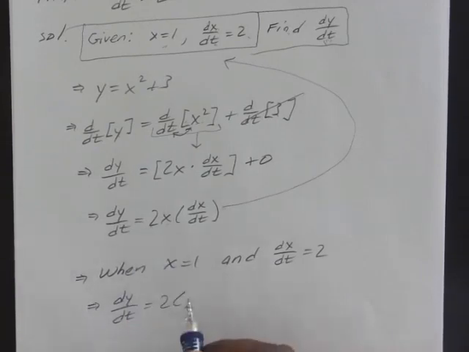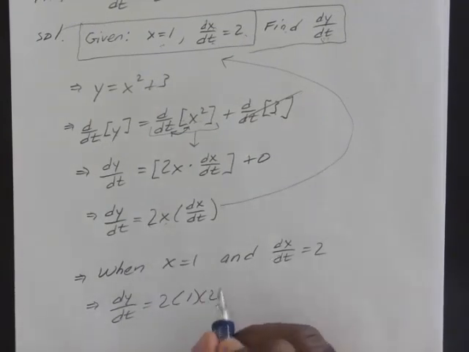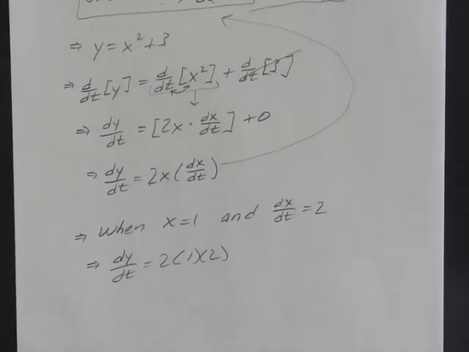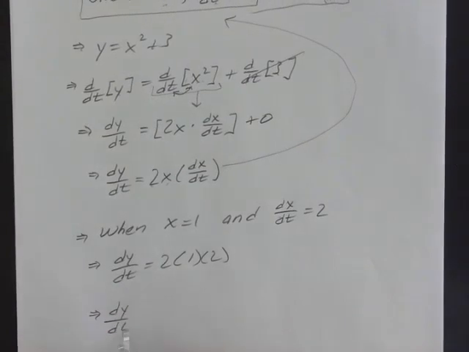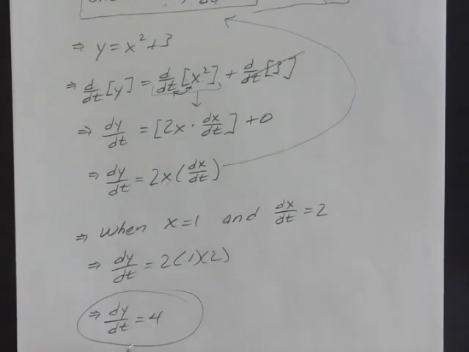So that's 2 times 1 times dx dt, which is 2. So we know that our dy dt is equal to 4, or rate of change of y with respect to t.